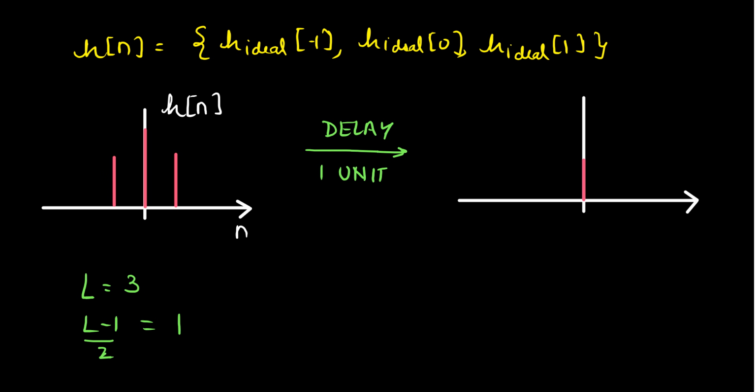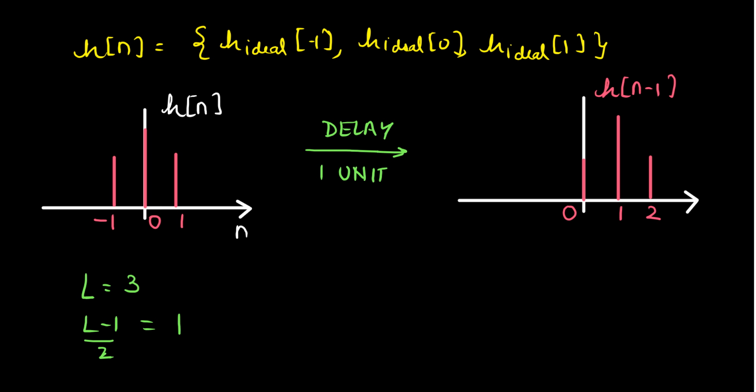So this is nothing but h of n minus 1. The one which was at n equal to 0 is now at n equal to 1, and the one at n equal to 1 is now at n equal to 2.